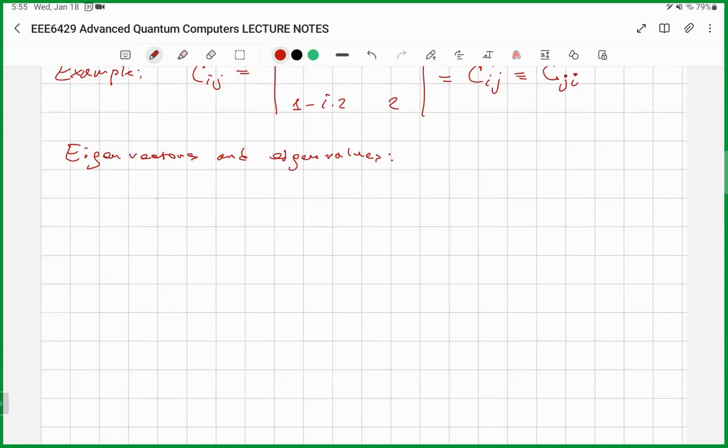So if I have an operator, like any operator C, for this operator I can write this expression: C times some vector E is equal to alpha times the same vector E. When this is realized, then this alpha is the eigenvalue, and this vector E is the eigenvector.